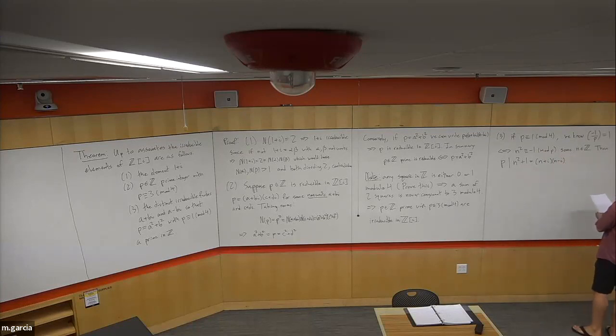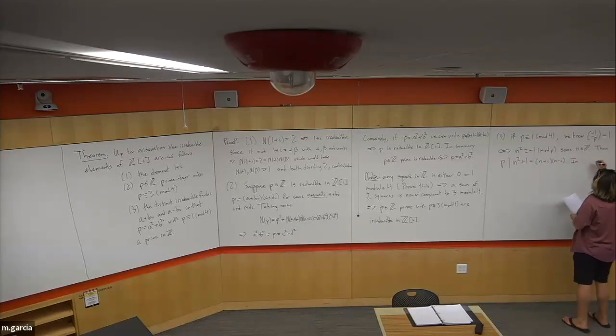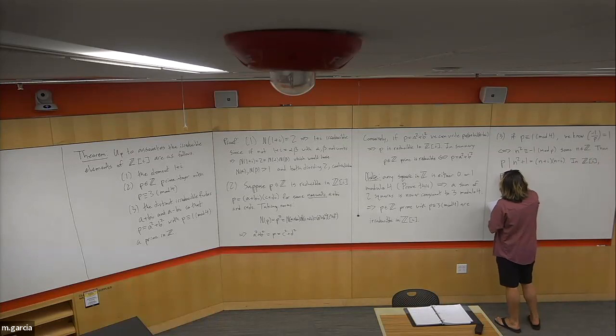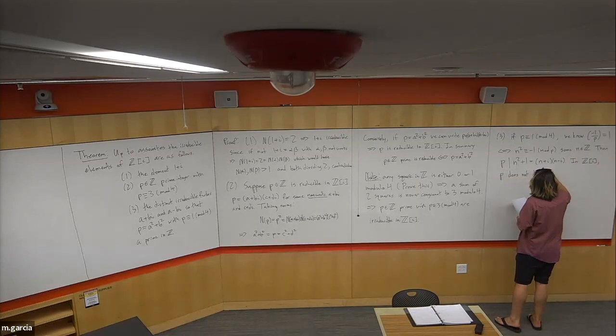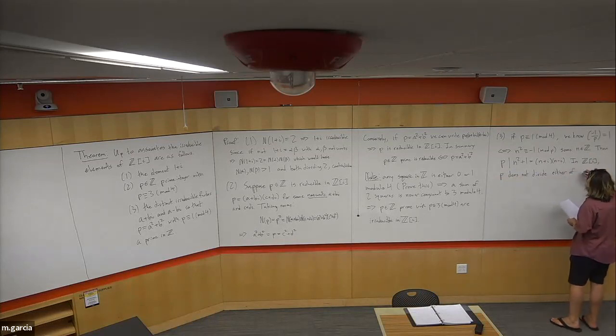Okay. So here's the thing. In Z adjoin i, P does not divide either of n plus i nor n minus i.